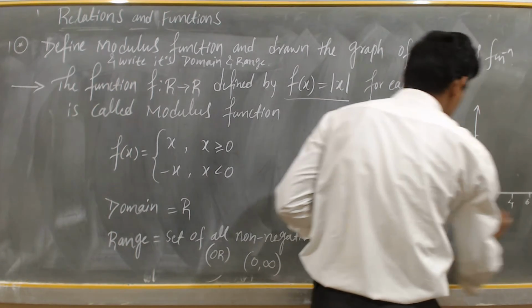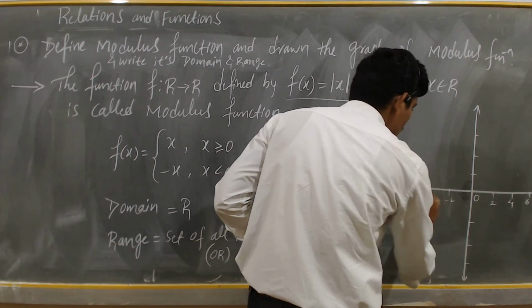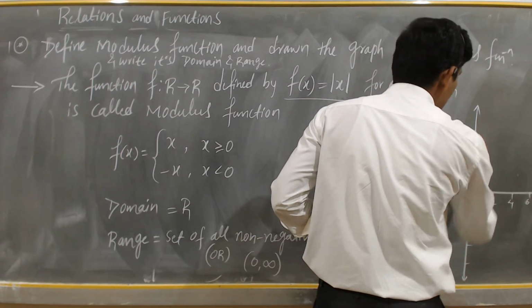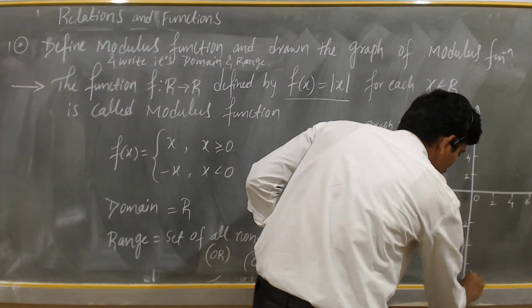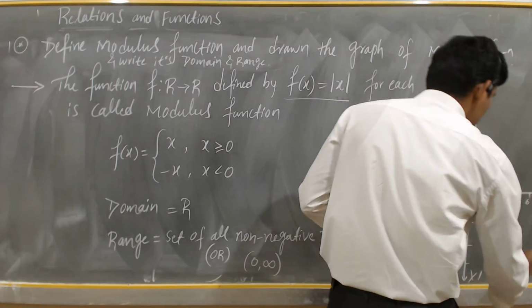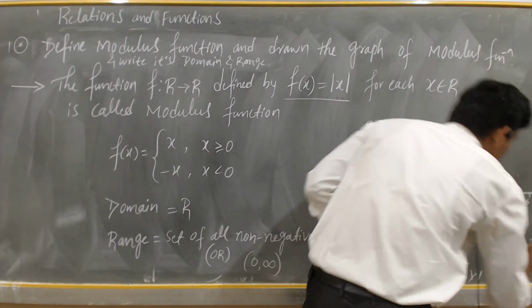This is the x-axis. This is the x dash. Minus 2, minus 4, minus 6. 2, 4, 6. Minus 2, minus 4, minus 6. This is the y dash. This is y. Now the function is f of x equal to modulus x.